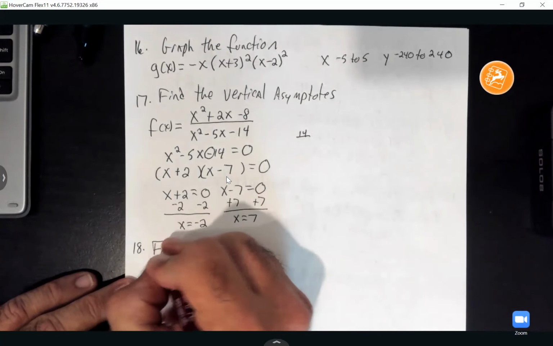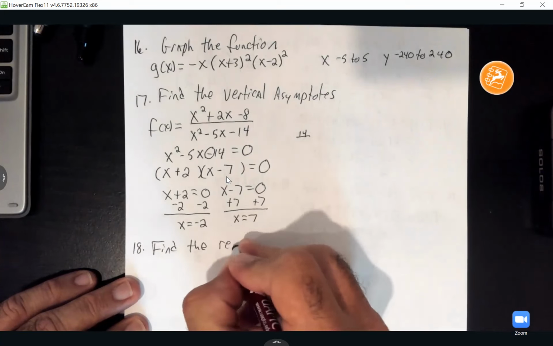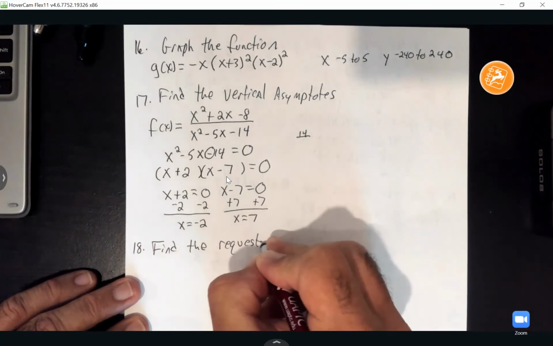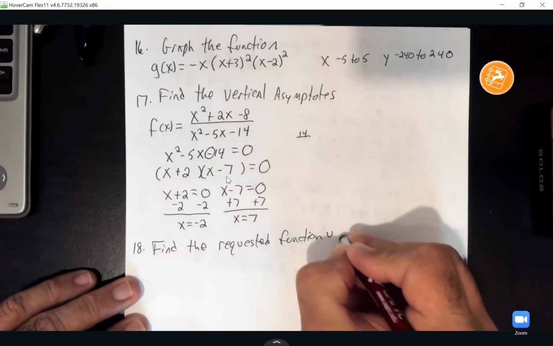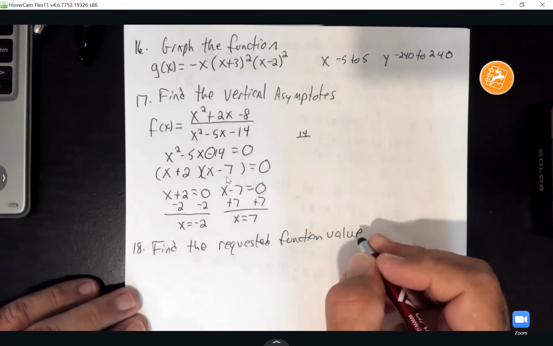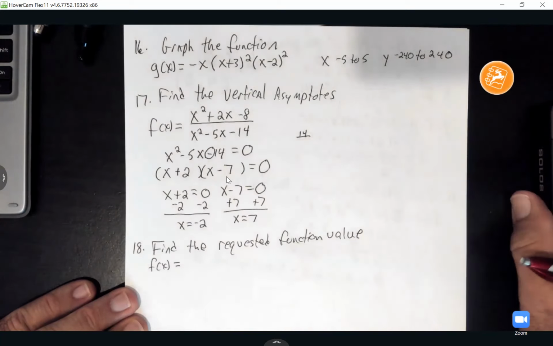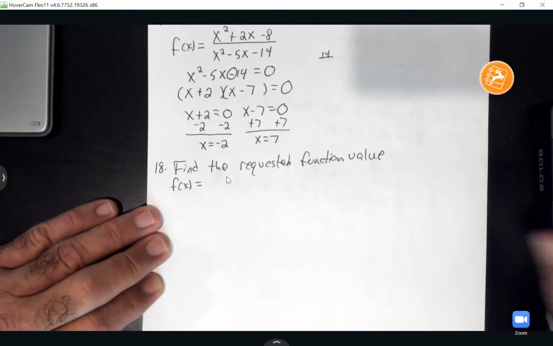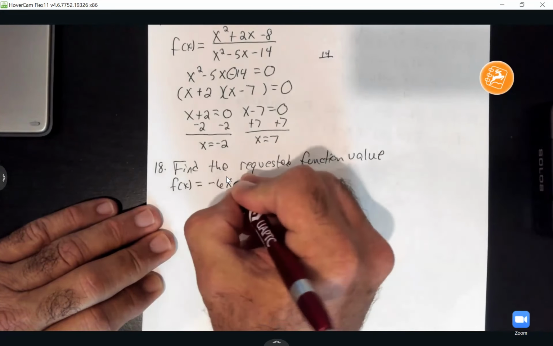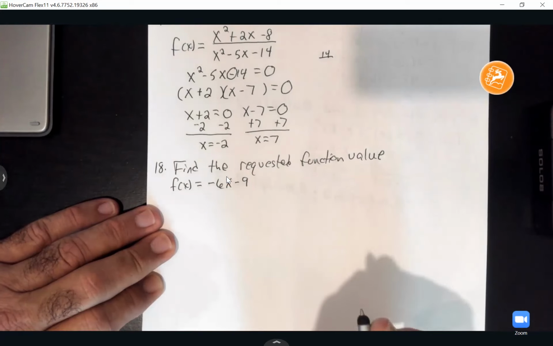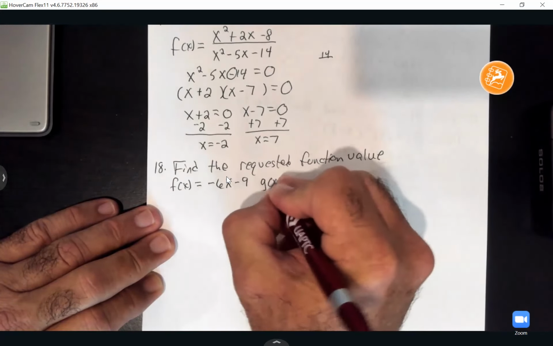All right, y'all. 18 says, find the requested function value. So they're giving us f of x. So f of x equals -6x minus 9. They're giving me a g of x.